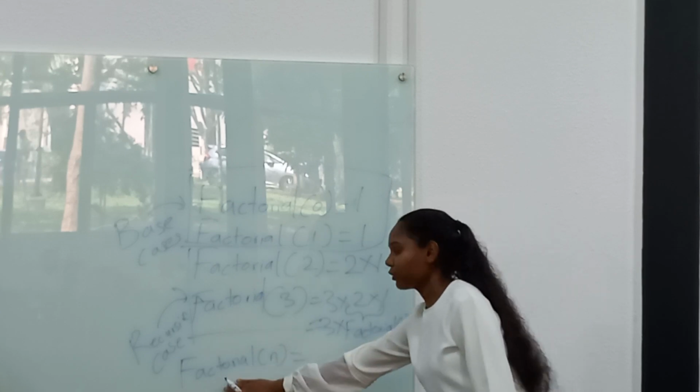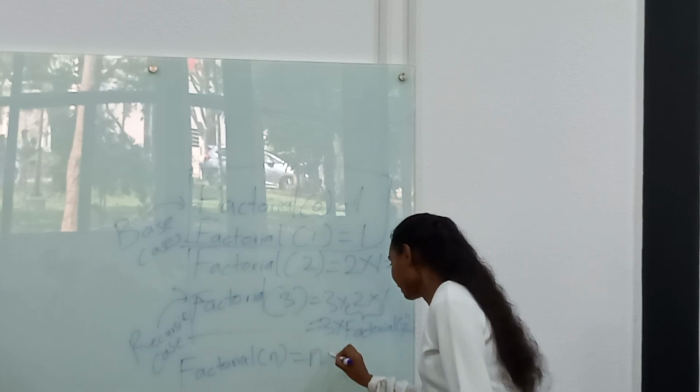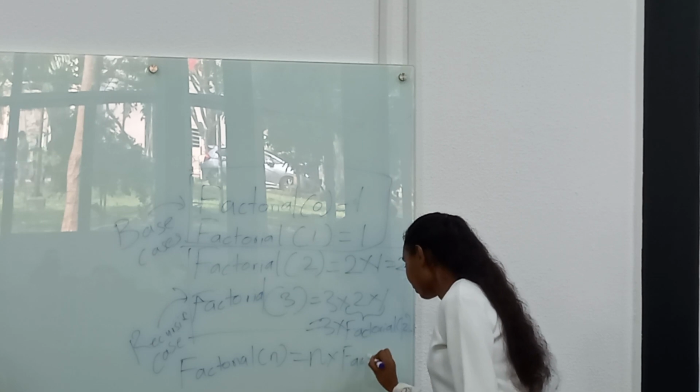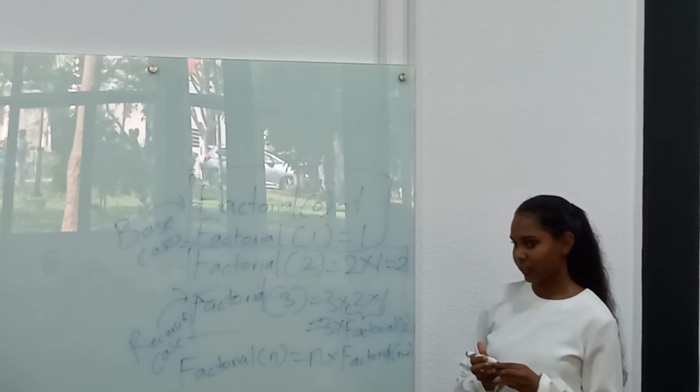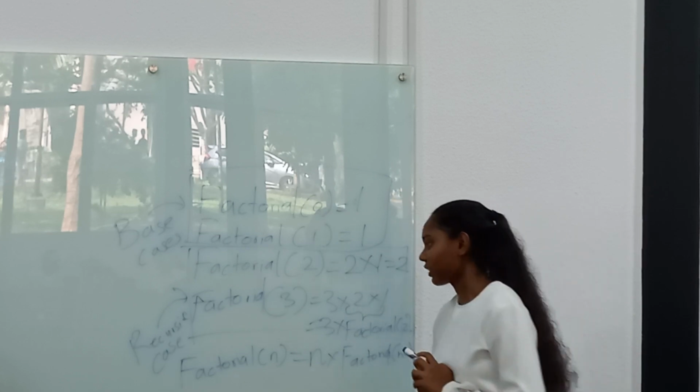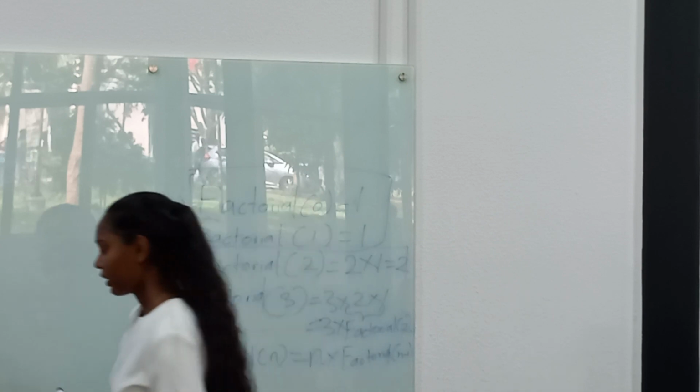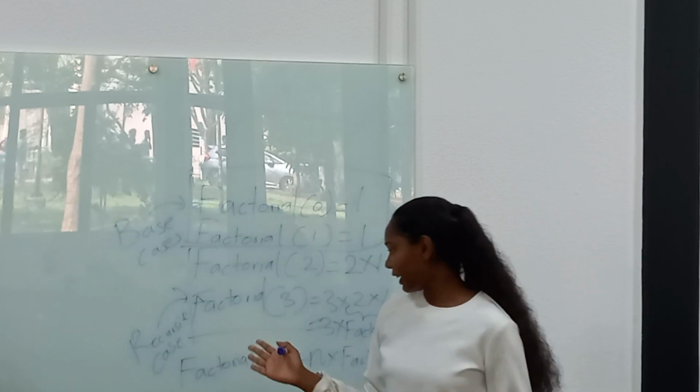Then we can write factorial of n as n into factorial of n minus 1. Do you agree? Yes. Then we identified the base case and the recursive case. So let's code this using Python now.